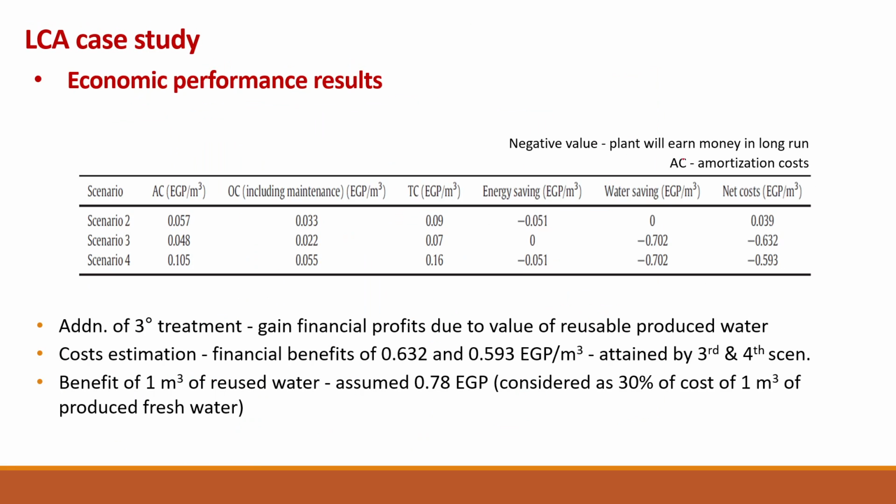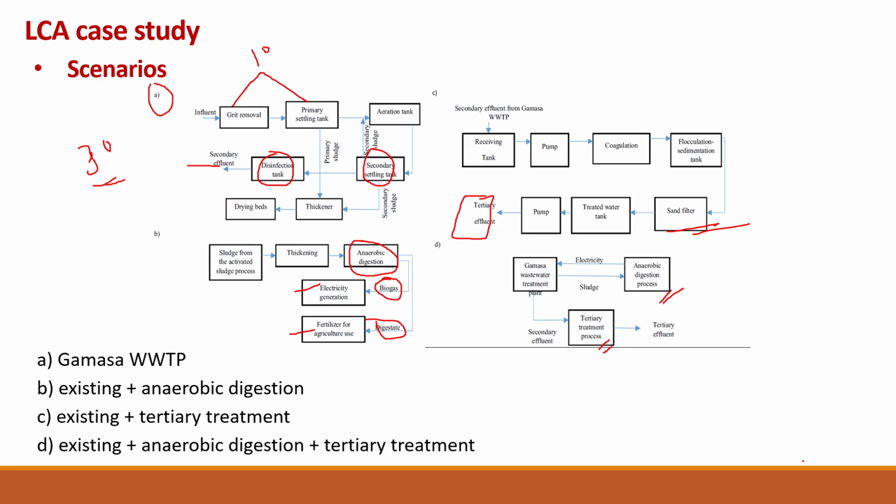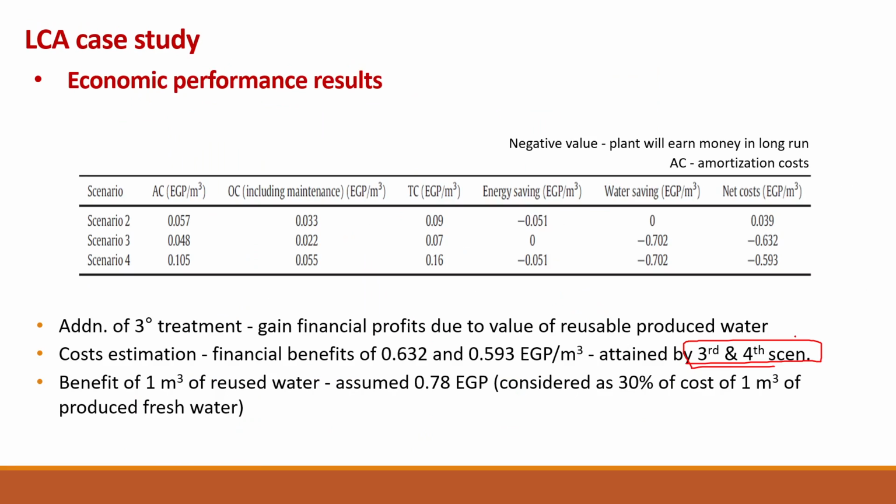After conducting the economics, they have observed that the best are the third and fourth scenarios. Okay. So the third and fourth scenarios can be best because here they are using the anaerobic digestion process also. From the anaerobic digestion process, they can go for electricity generation, right? So that is why these third and fourth scenarios are the best.